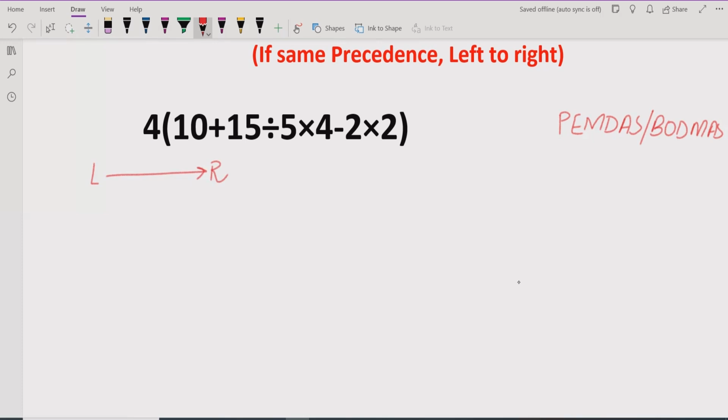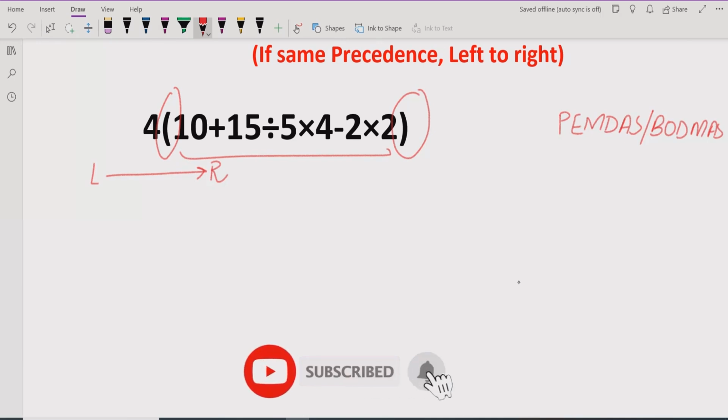In this expression we have parentheses, this one and this one. We will solve these first because, as per the rule of BODMAS and PEMDAS, we have to solve the parentheses or brackets first.